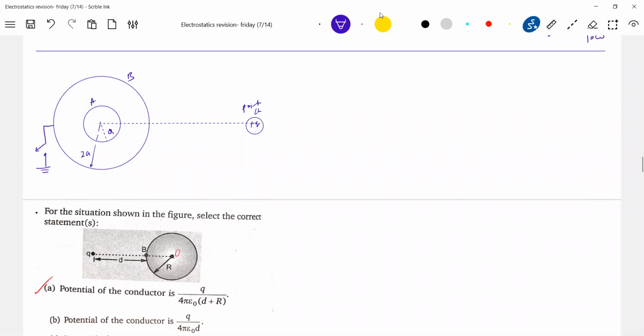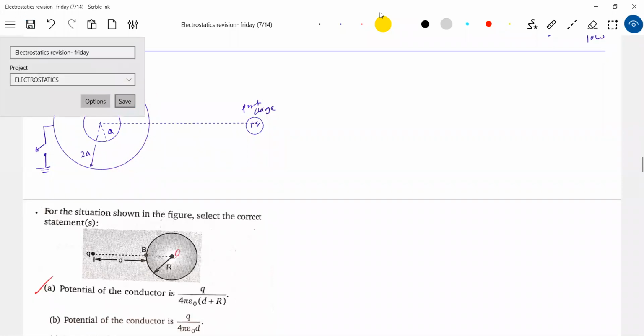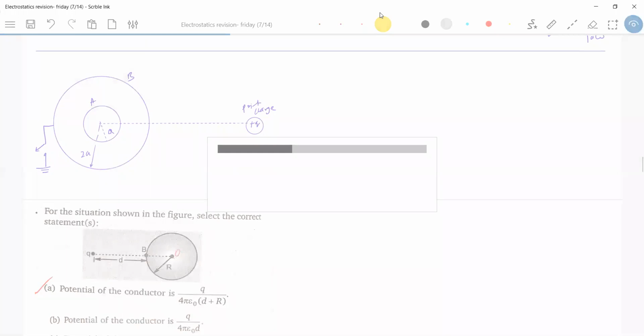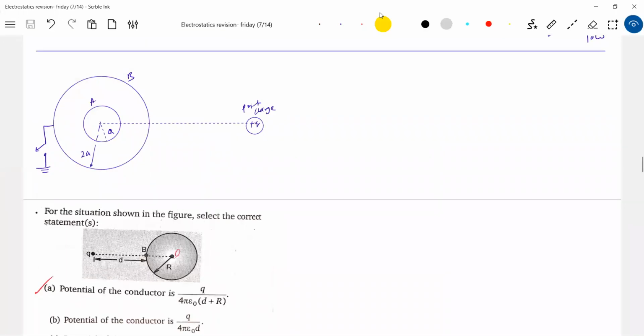What will this point charge do now? It will induce charge here, no? Will it induce minus Q plus Q, or some minus Q dash plus Q dash? I think the query should start from there. So some charge, minus Q dash plus Q dash.